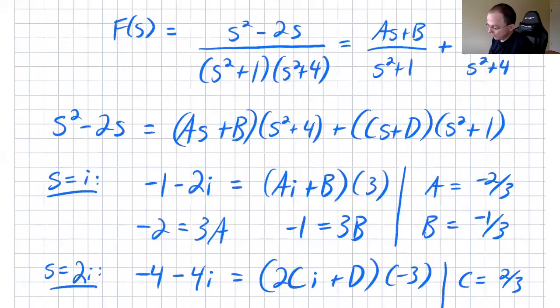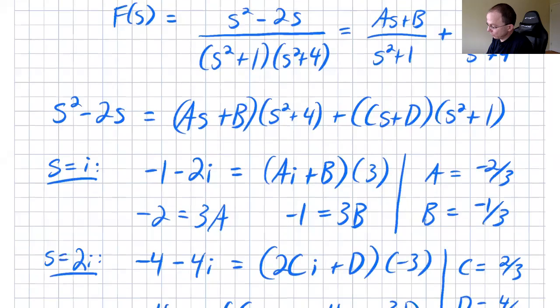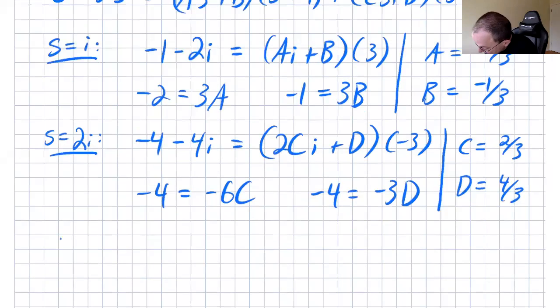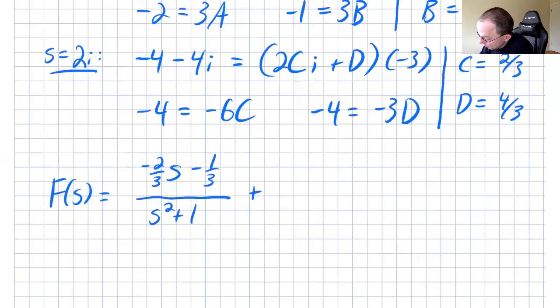So we can now write our transform out. So s squared plus 1, s squared plus 4. Okay, so we have F of s equals -2/3 s minus 1/3 over s squared plus 1 plus 2/3 s plus 4/3 over s squared plus 4.